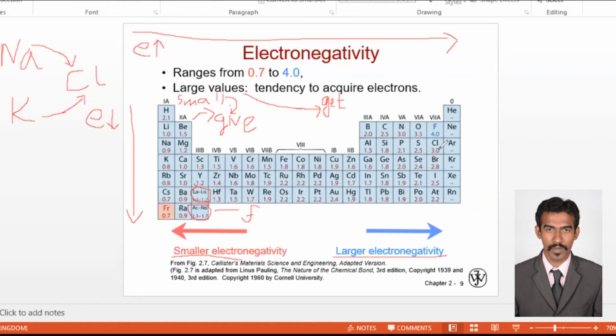So the difference between chlorine and sodium is 2.1. But in the case of K and Cl, K has 0.8 and Cl has 3.0, so the electronegativity difference is 2.2. This means potassium is a little bit more electropositive than sodium.